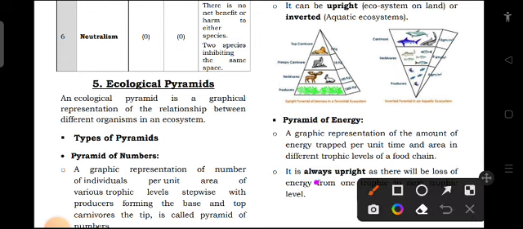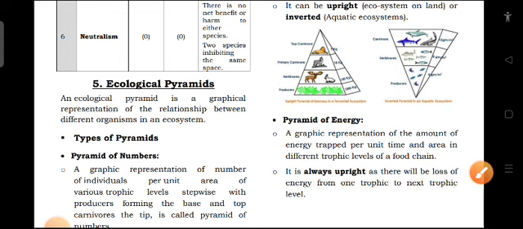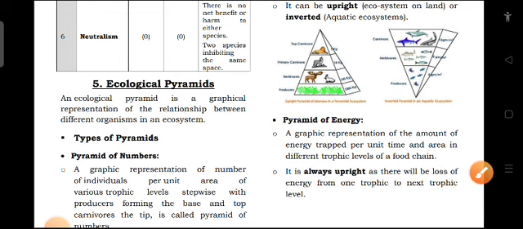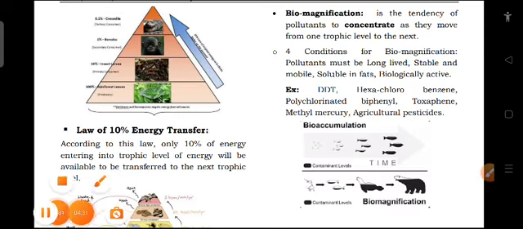It is always upright, as there will be loss of energy. From here 10% loss will be there, so less energy. From here less 10% loss, so less energy here, 10% loss, so further less. So it will keep on decreasing from one trophic level to the next trophic level.